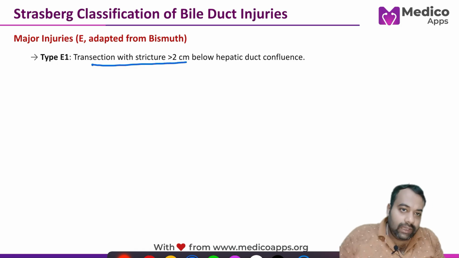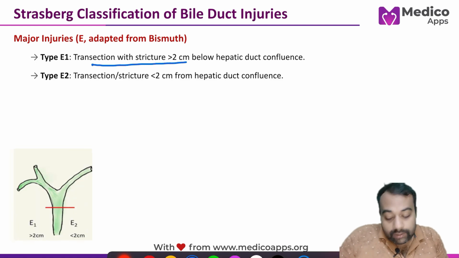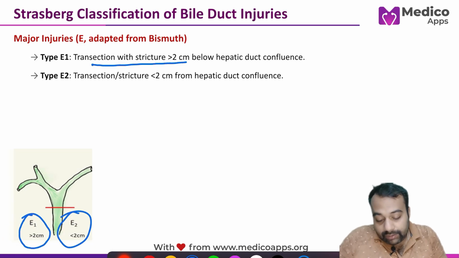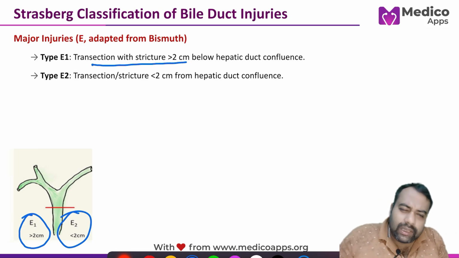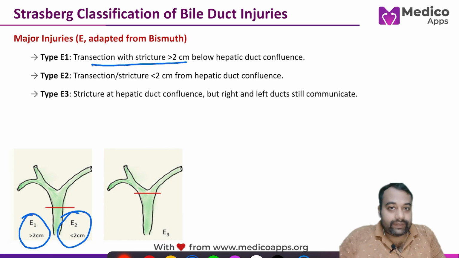But if the transection is located within 2 centimeter of the confluence, it's your E2. You can easily appreciate that. There is a transection, but when it is more than 2 centimeter away, it's E1. Within 2 centimeter, E2.